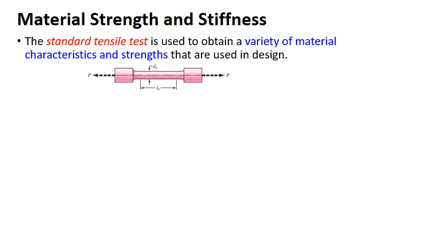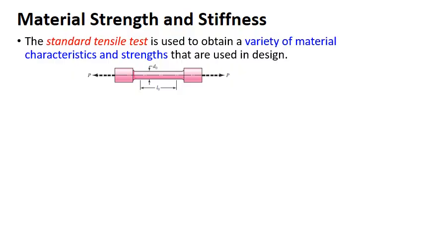So in order for the properties to be consistent, the standard says that you must maintain the ratio, the gauge length of the specimen divided by root of cross section area, equal to a constant. That constant is usually 5.65 and so on. It is specified in the standard. So if the L by root A ratio is constant, be it circular cross section or rectangular cross section, then the properties obtained will be consistent from the standard tensile test.